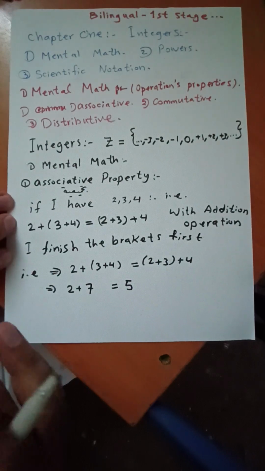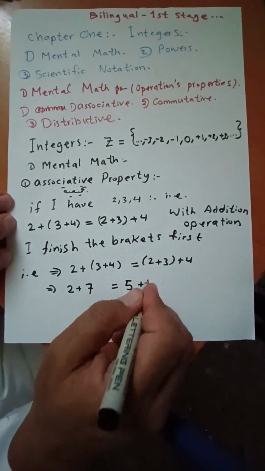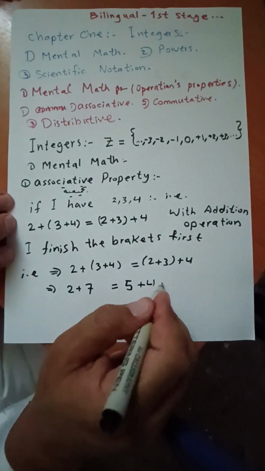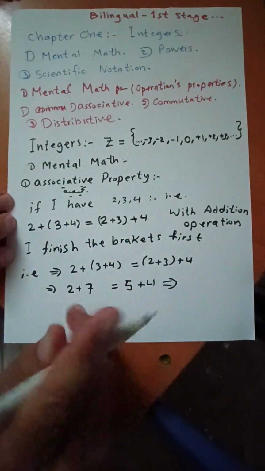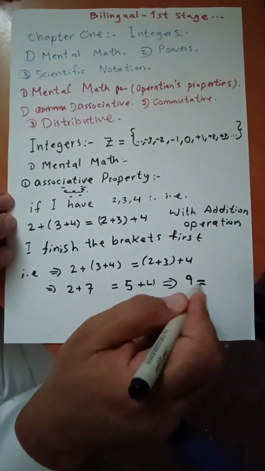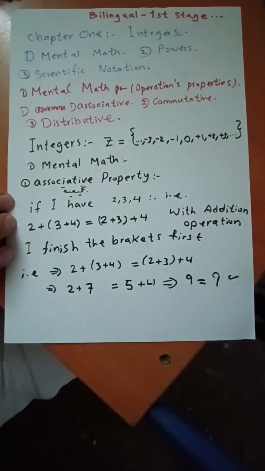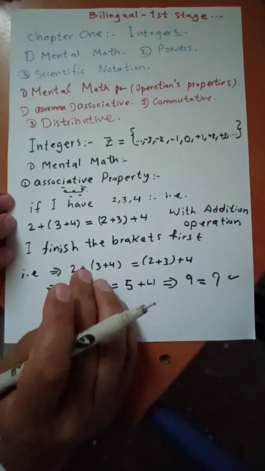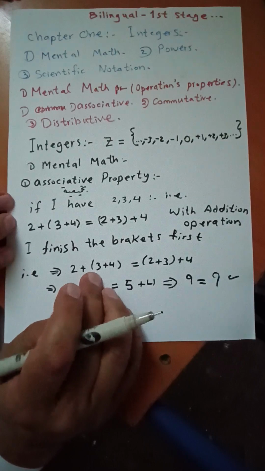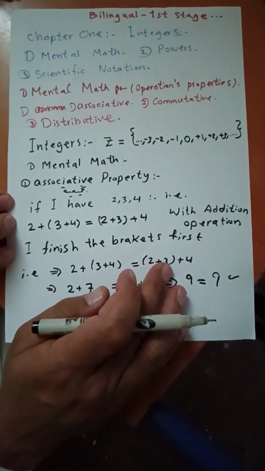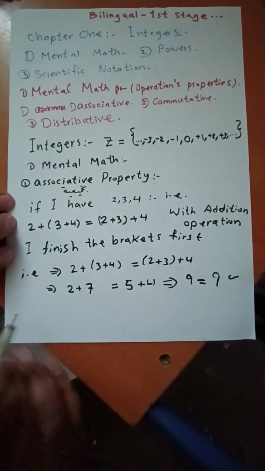Honey students, is it clear for you? Plus 4. Look honey, look. What will I get? 2 plus 7 is 9, equals 5 plus 4 is 9. The left result equals the right result, honey students, okay?